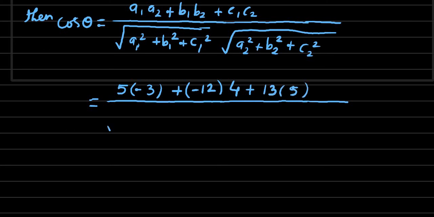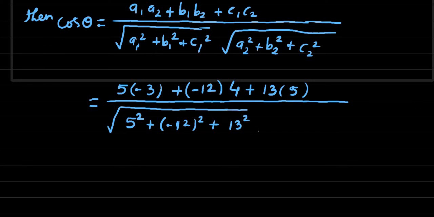And now it is to be divided by the square root of, put the values of A1, B1, C1. So A1 square means 5 square plus B1 square means minus 12 whole square plus C1 square means 13 square.